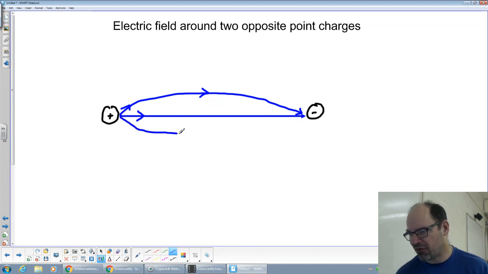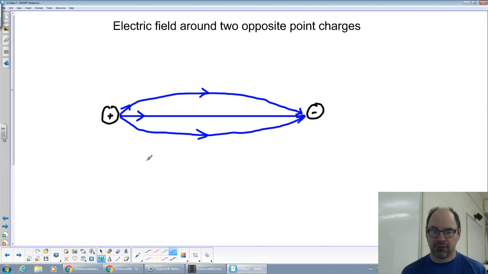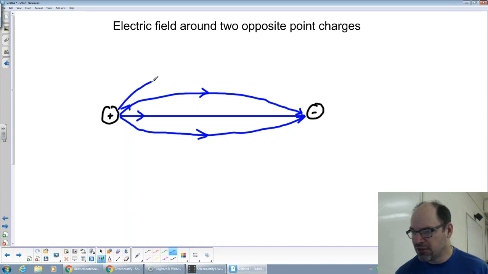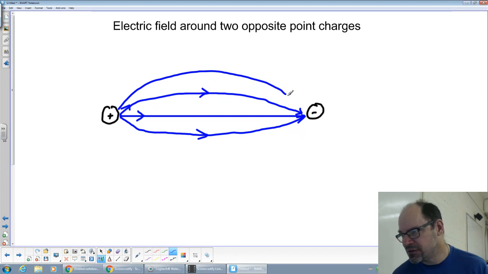Okay, and the same thing happens here. Try to make it symmetrical looking. Freehanding it, that's not quite symmetrical. It's going into the negative charge. If I go out a little bit farther, it bends even more like this. And same thing here.